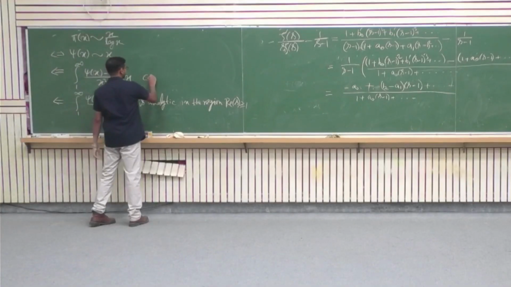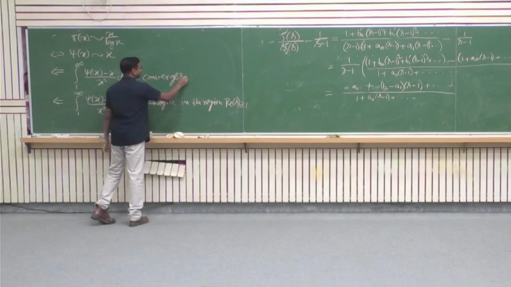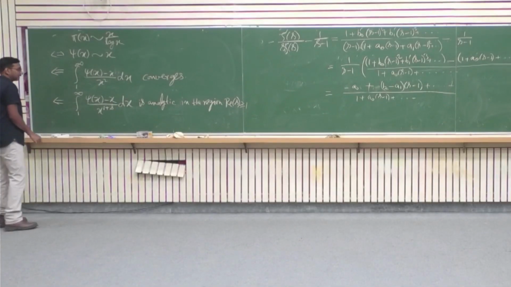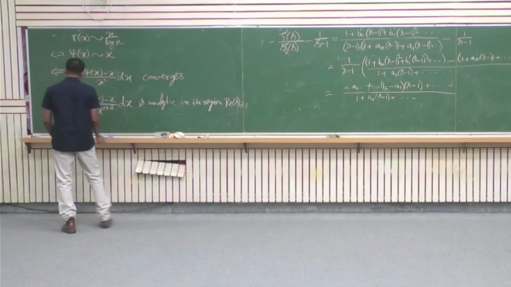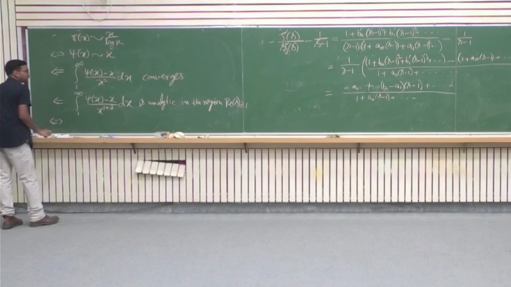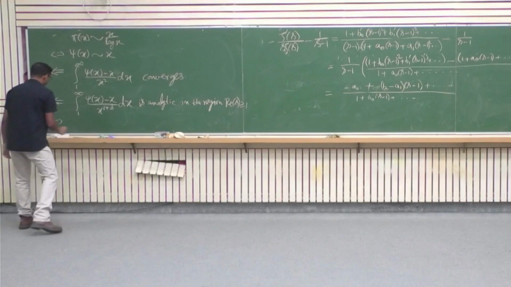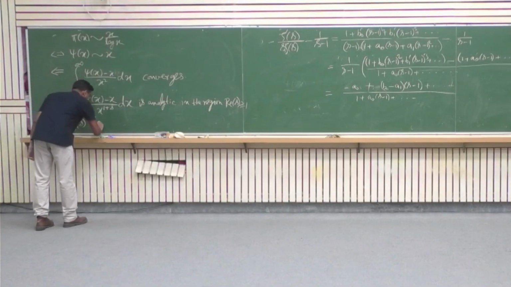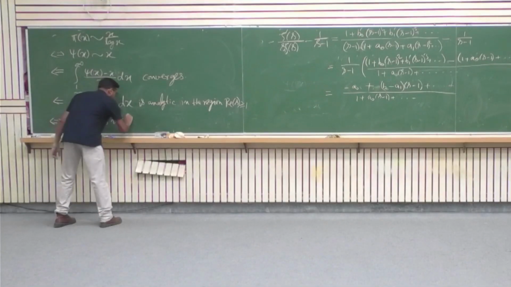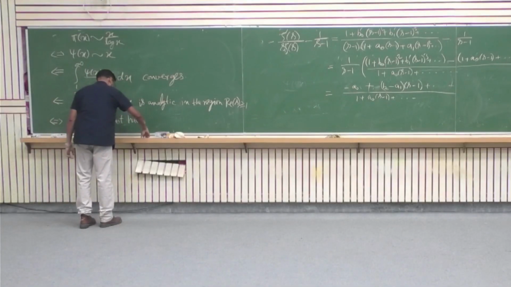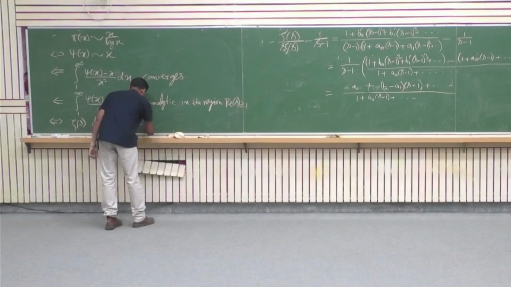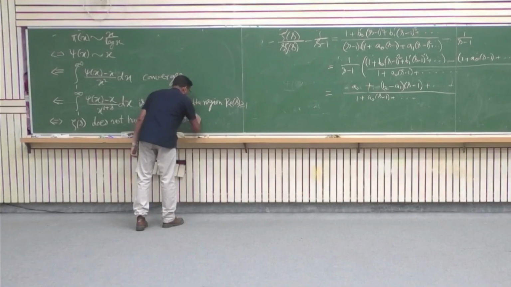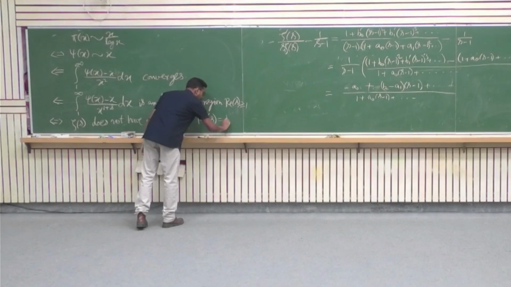Yeah, it converges. And that this is analytic in the region, and then you see that this is equivalent to the fact that zeta s does not have a 0 on the line real part of s equal to 1.